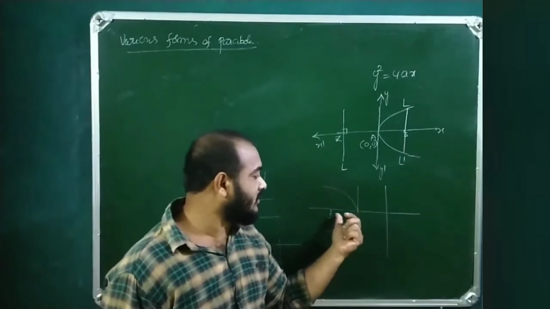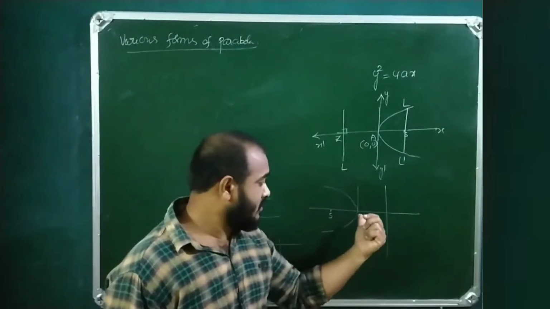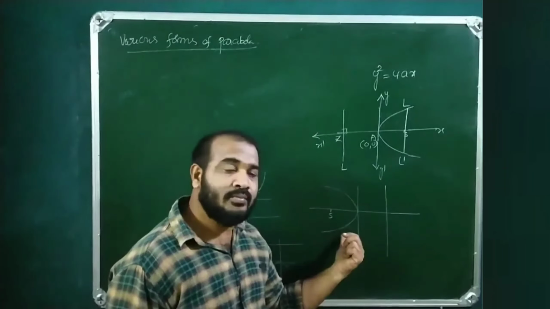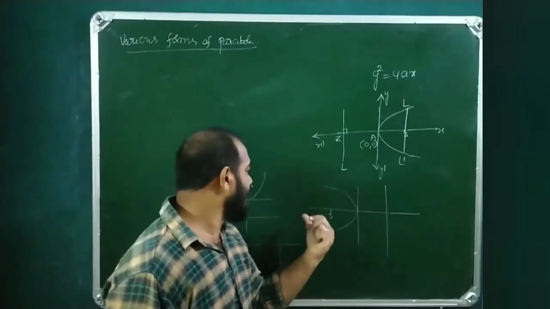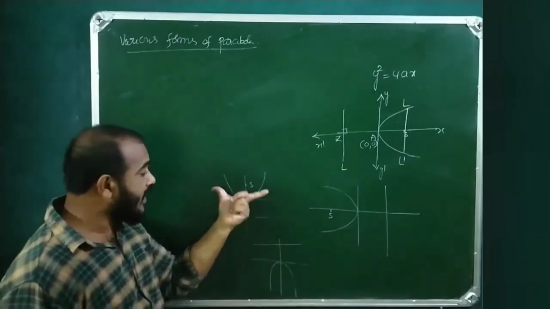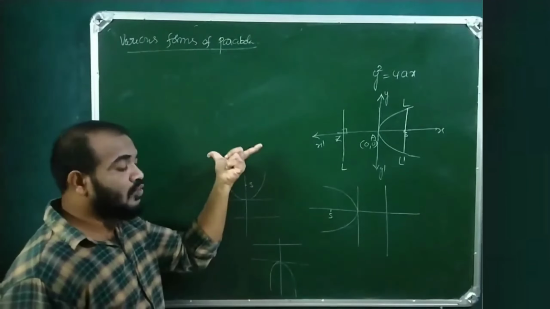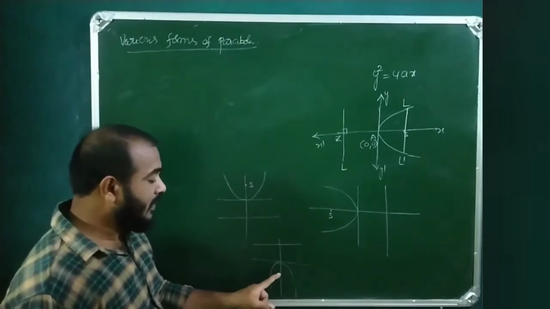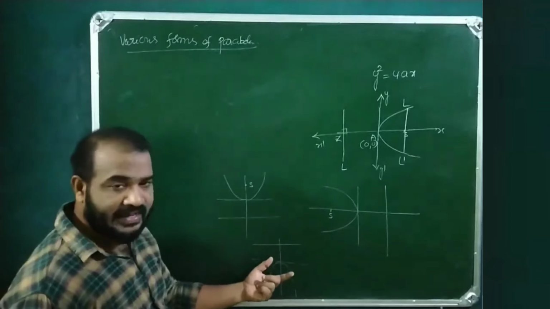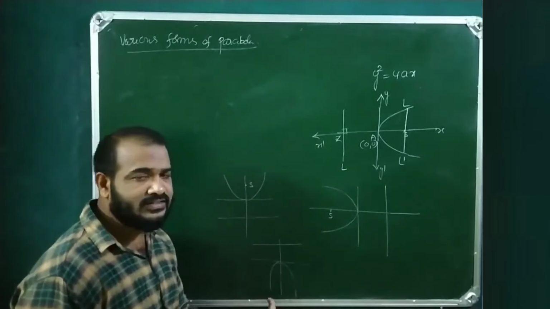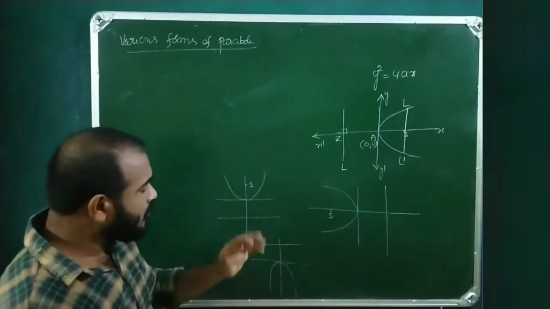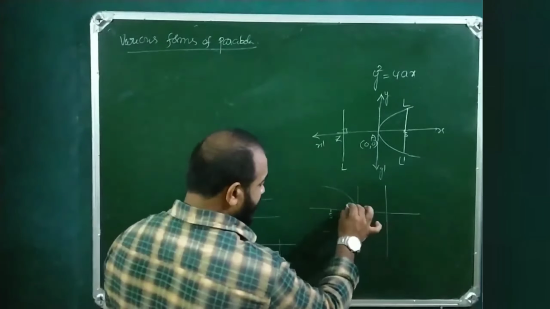Here, it is symmetric about the negative x-axis. Here, the parabola is symmetric about the positive y-axis, and the parabola is symmetric about the same y-axis, but the negative y-axis. And for all these parabolas, the vertex is at the origin.